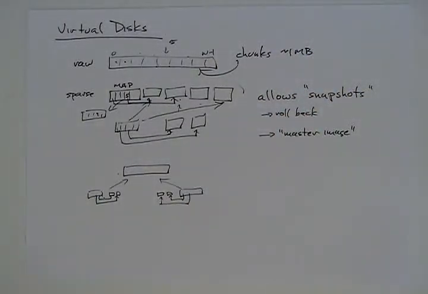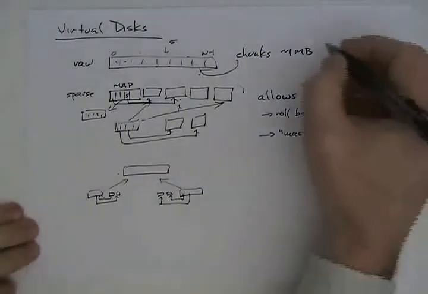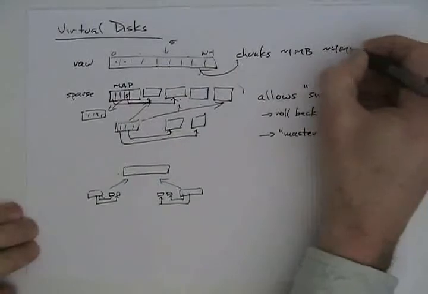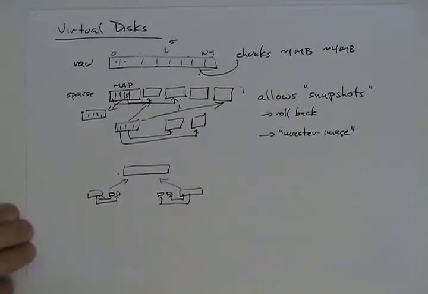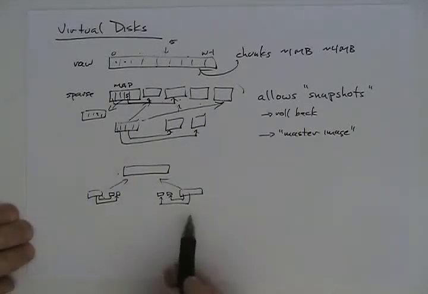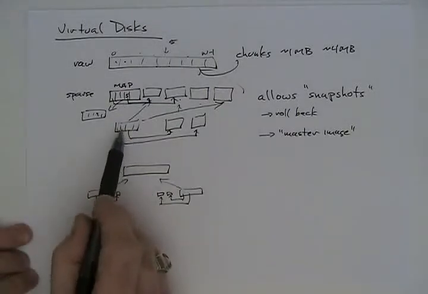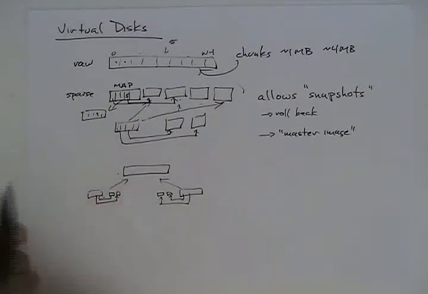They're large enough so that fragmenting the disk at that level wouldn't significantly impair performance, which actually means nowadays they need to be more than a megabyte. 4 megabytes would probably be a better value. And we allocate in those chunks, we do copy on write on those chunks if we've taken a snapshot.